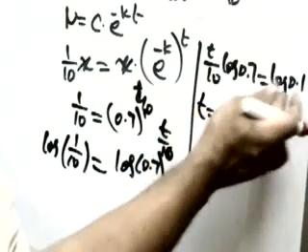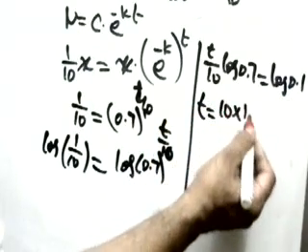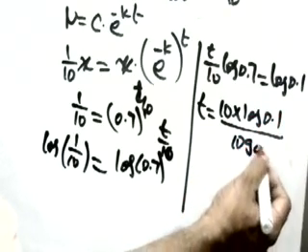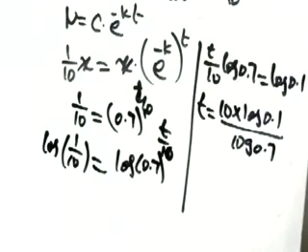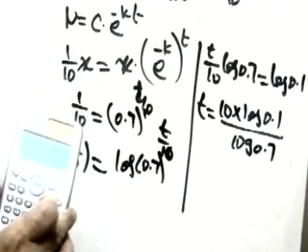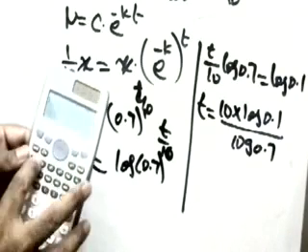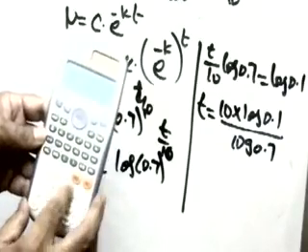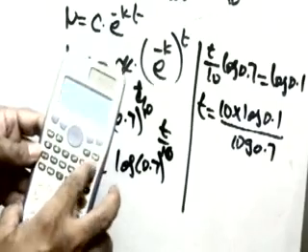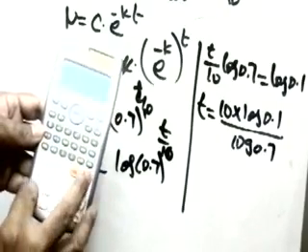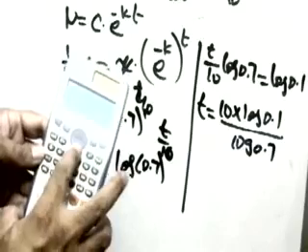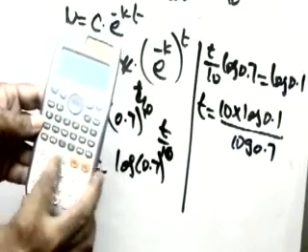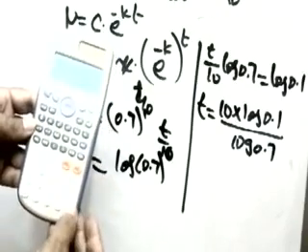Now bring the other values. What will be t here? T equals, bring 10 here, 10 into log of 0.1 by log of 0.7. Let me use the divide symbol here: 10 into ln 0.1 divided by ln 0.7.